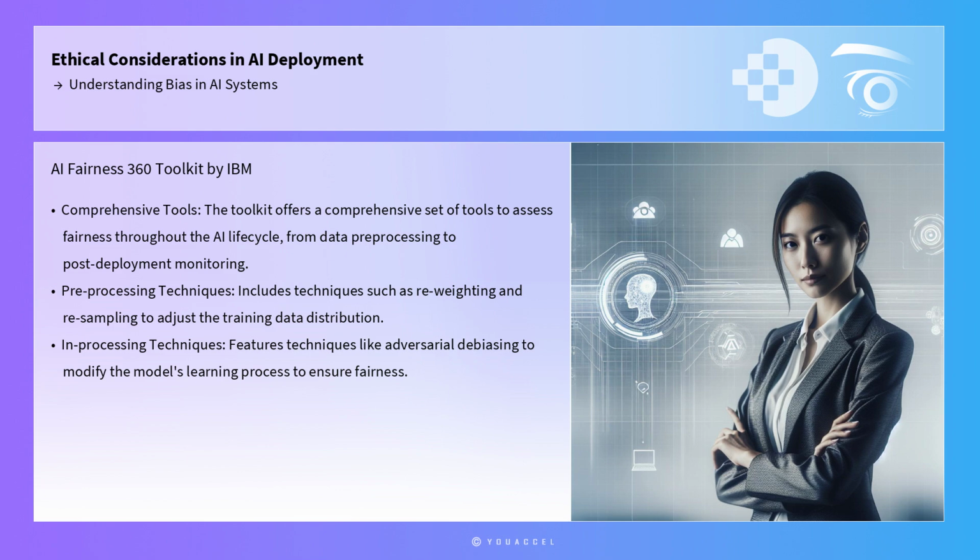For example, the toolkit includes pre-processing techniques, such as reweighting and resampling, to adjust the training data distribution, as well as in-processing techniques, such as adversarial debiasing, to modify the model's learning process to ensure fairness. By incorporating these tools into the AI development pipeline, professionals can systematically reduce bias and enhance the fairness of their AI systems.